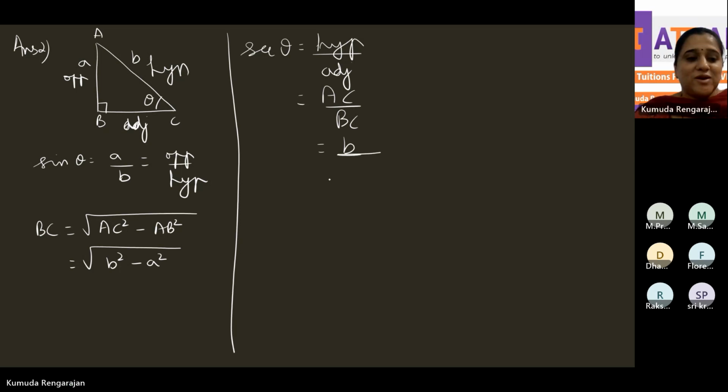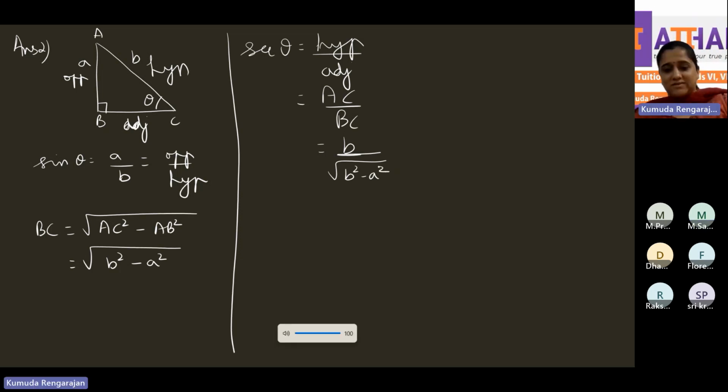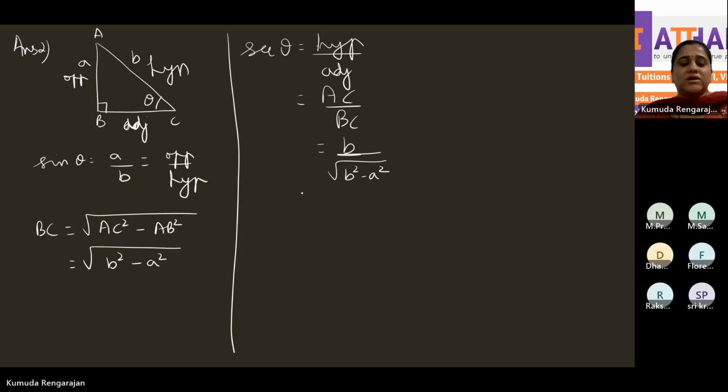Secant theta is AC by BC, correct? Which is B by root of B square minus A square. Yes or no, children? Okay, next we need to find tan theta.